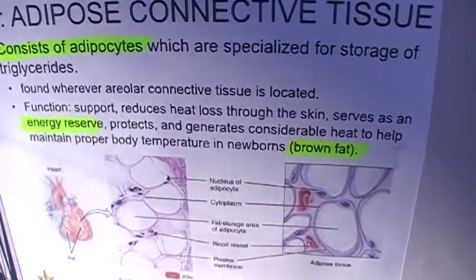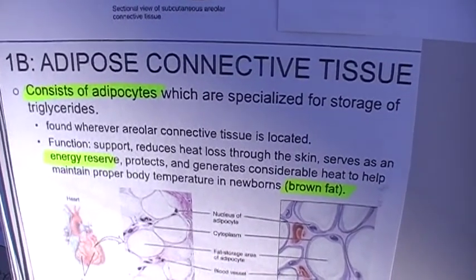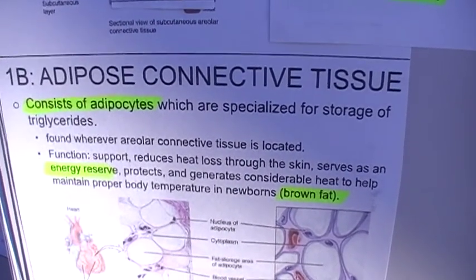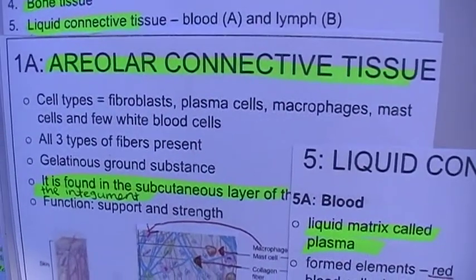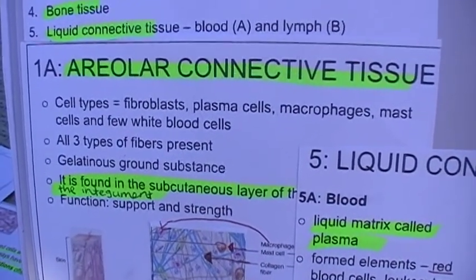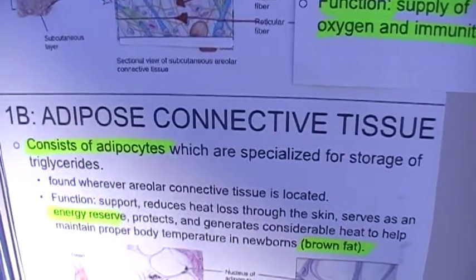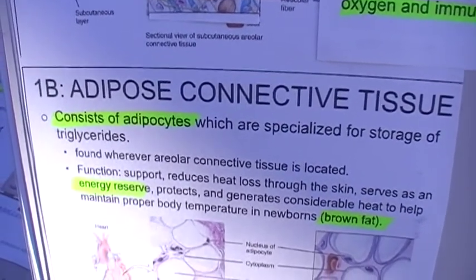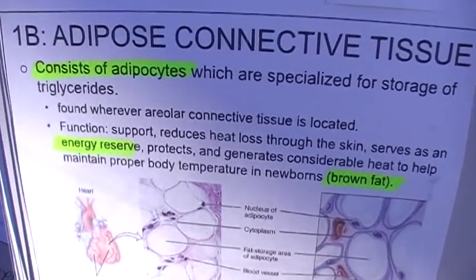This has adipocytes, which specialise in the storage of triglycerides. So we have areolar, which has all cell types: fibroblasts, plasma cells, macrophages, mast cells, white blood cells. Adipose just has adipocytes, and it's an energy reserve, brown fat.